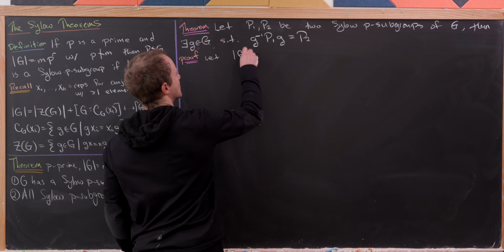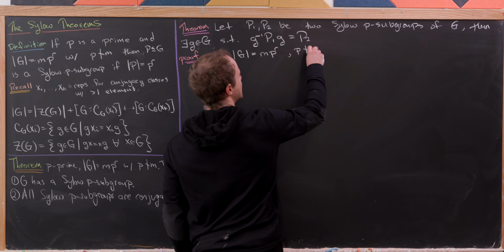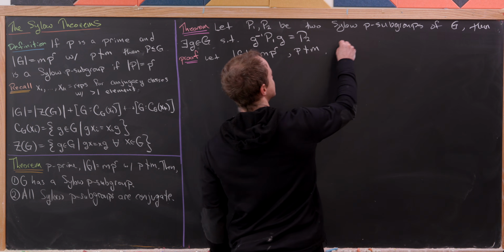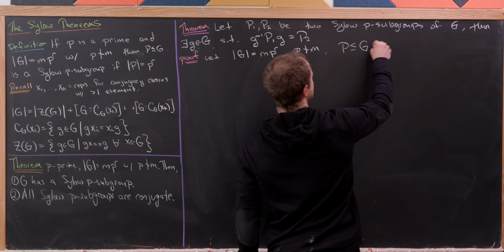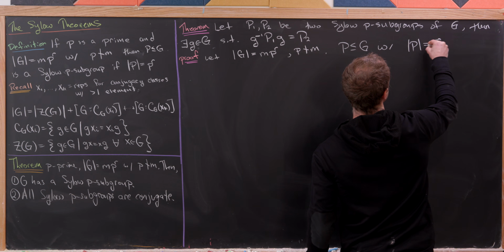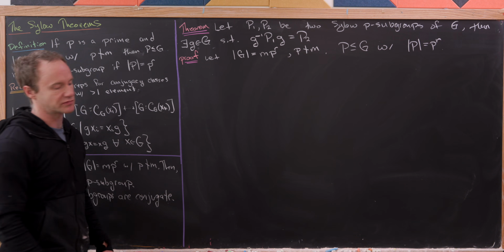So let's say the order of G is equal to m times p to the r, where p does not divide m. And then let's suppose that P is a subgroup of G with the order of P equal to p to the r. In other words, P is one of our Sylow p-subgroups.